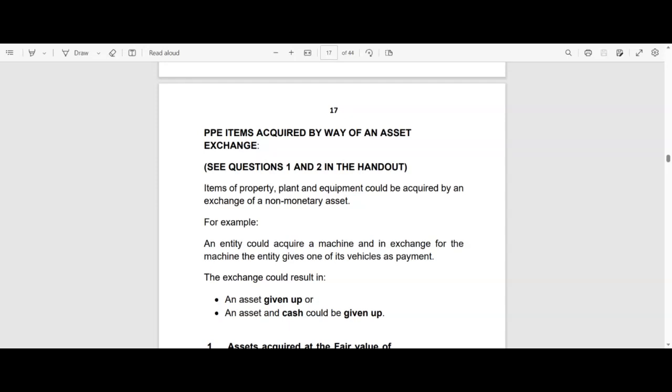If we are purchasing a new asset and we use an old asset as an exchange as partial payment, what are we going to use as part of our purchase price? The fair value of the new vehicle or new asset that we are buying, or the fair value of our old vehicle or old asset that we are giving up?